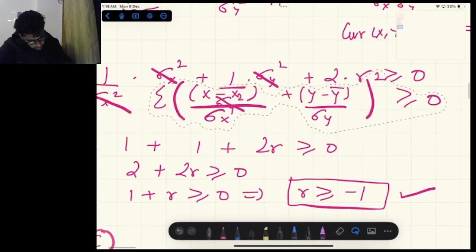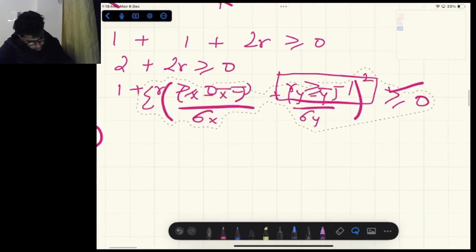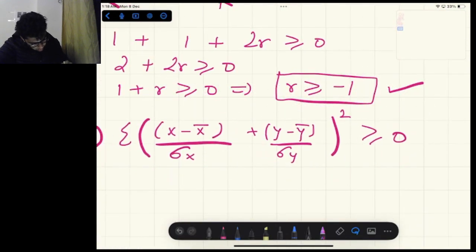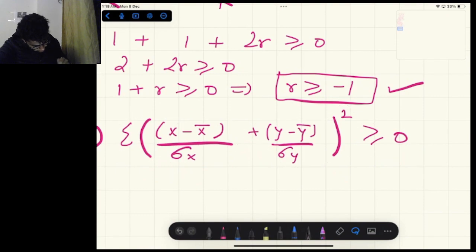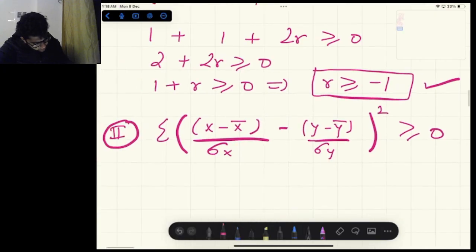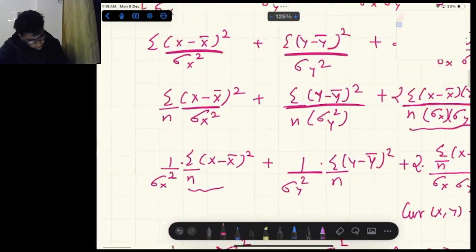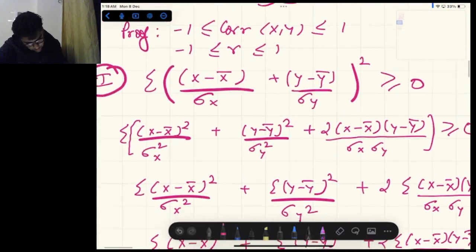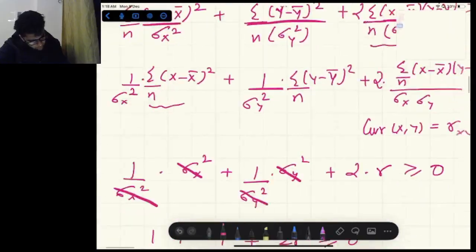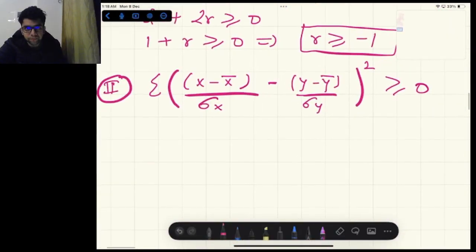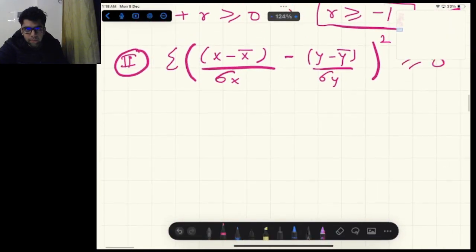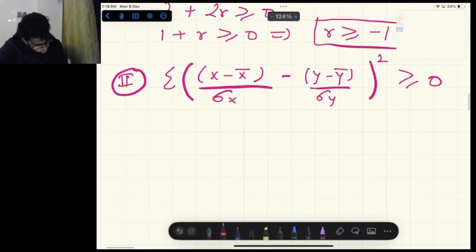So I'll be replacing this plus sign with the minus sign, and I'll be using the second part. Let me just check once. This is my first part and this is my second part. So my a minus b whole square identity.